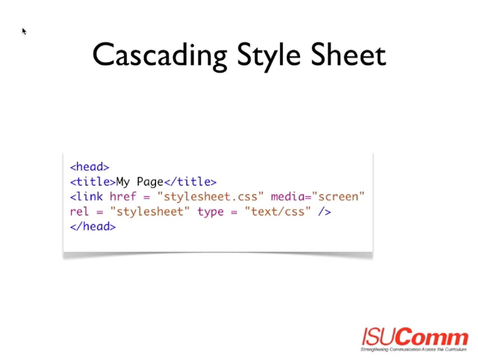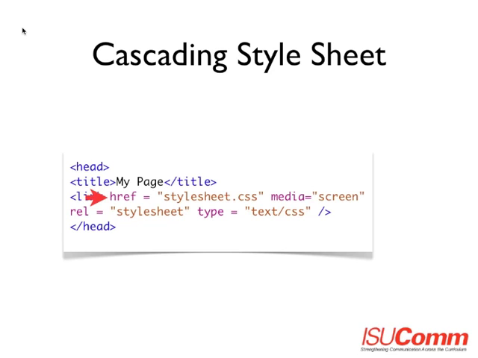You'll see in the exercise files, in the head section of your HTML file, there's something called a link, and it's linking to a file called stylesheet.css. In your case, it's probably called style.css, but this is just an example.